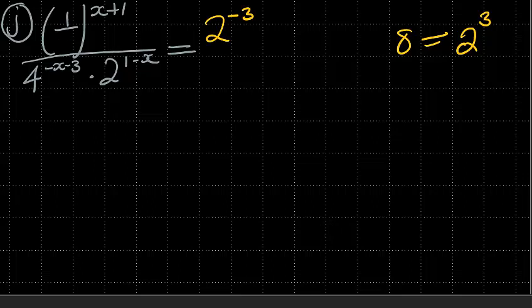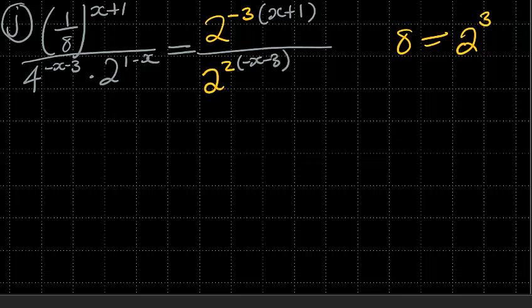So let's just keep that 8 over there. And my exponent here is going to be x plus 1. That's my numerator. My denominator is going to be 4, which is 2 squared. And then I keep my minus x minus 3 and multiplied by 2 to the 1 minus x. Okay, so that's pretty straightforward.